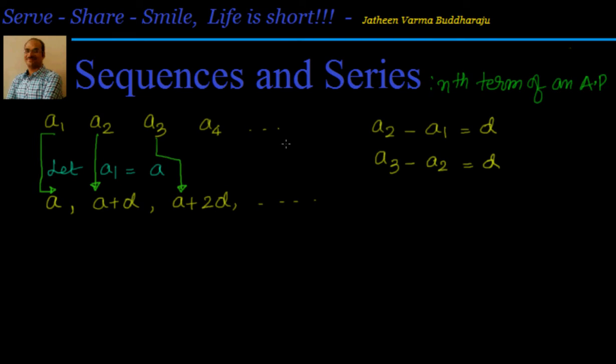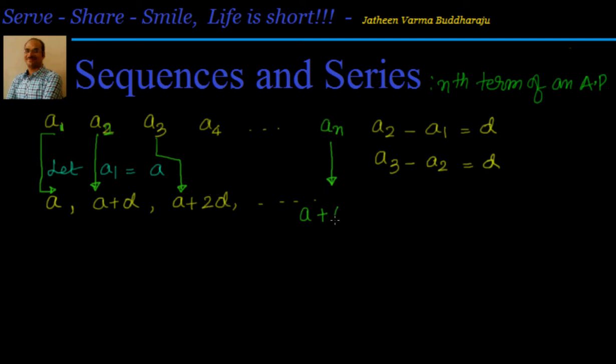So what will be the nth term in such a case? An will be, if you follow the same logic, first I should have a as it is. After that, for the first term there is no d, for the second term there is 1d, for the third term there is 2d.